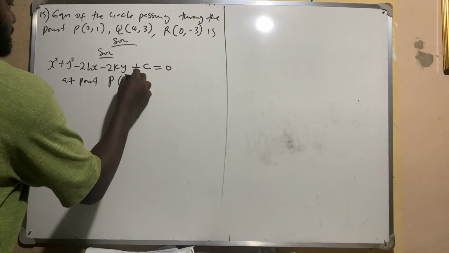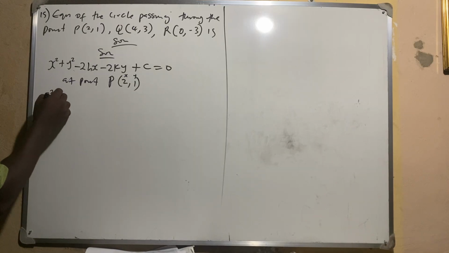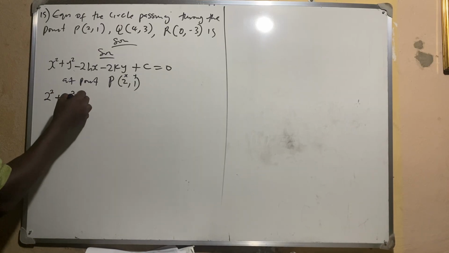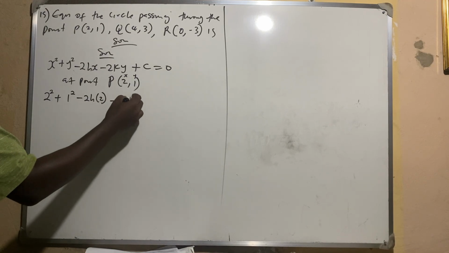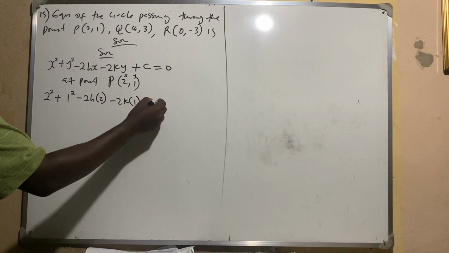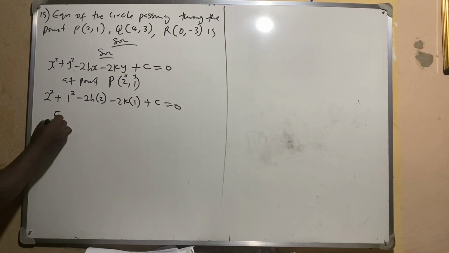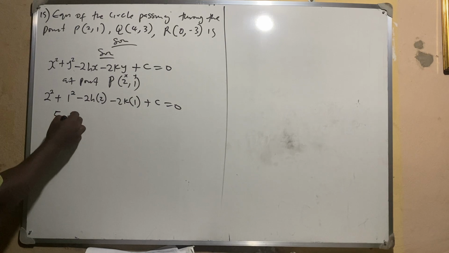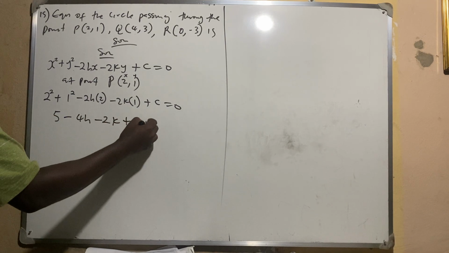So this is your x and this is your y. So let us put it here to have what? This is 2 squared plus 1 squared minus 2h(2) minus 2k(1) plus c is equal to 0. So here is 5, 5 minus 4h minus 2k plus c is equal to 0.